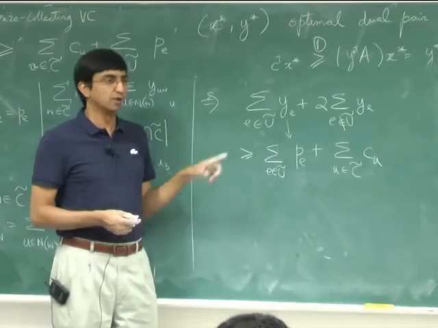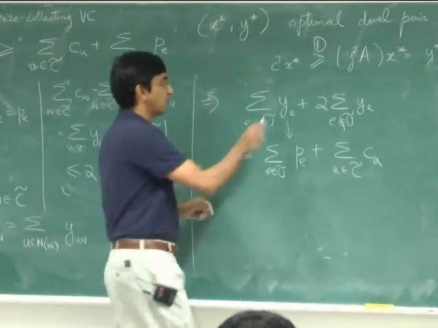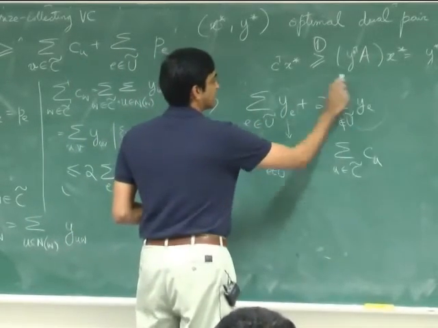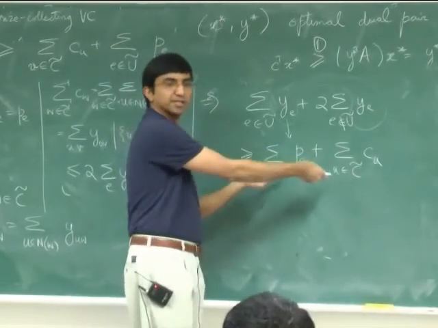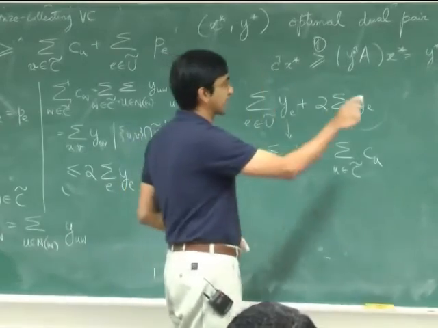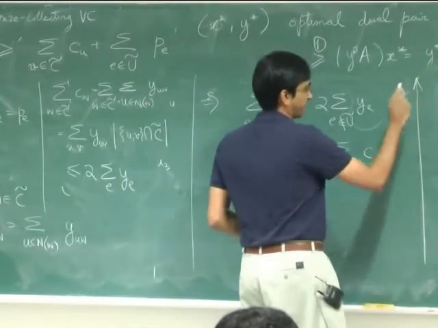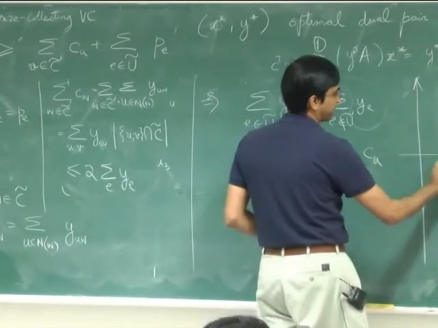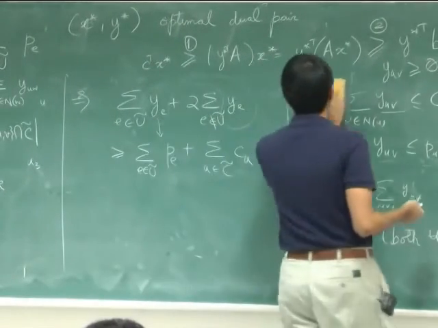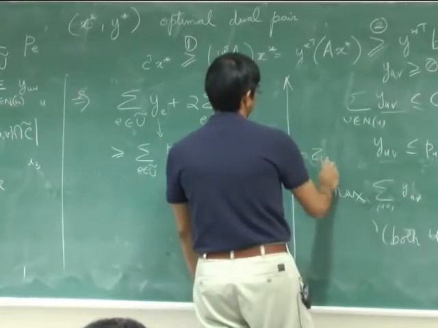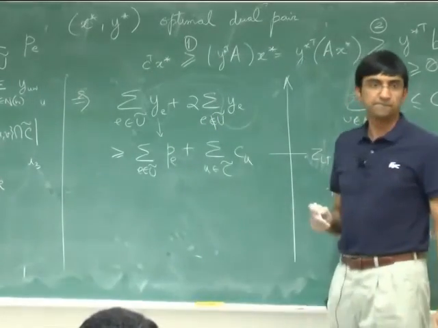Okay. So what have we shown? Now think about it. Y is a dual solution, okay? And this is actually a primal solution, which is feasible. And going back to my old picture, here is my LP solution, this value. Well, actually, the LP optimum is somewhere here, okay?